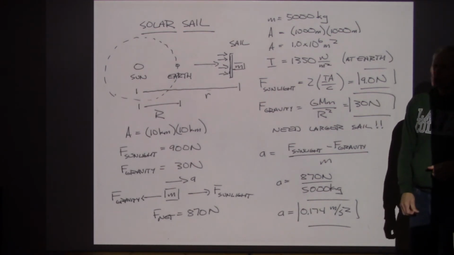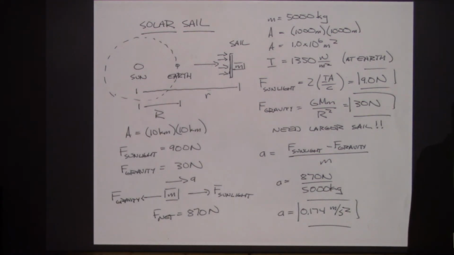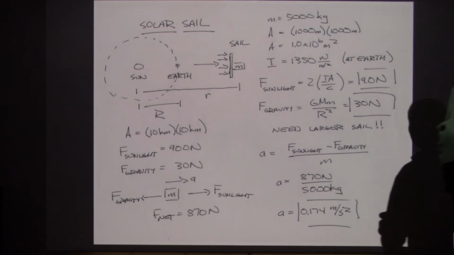Okay, now 9 newtons doesn't sound like much, but even if we have a low acceleration, if we continue to accelerate even at a low rate, once a few days have gone by or a few weeks, or, you know, most of the problems where we've done accelerations, we only let the accelerations last for a few seconds. What if we just let the acceleration build on acceleration, build on acceleration? How fast could we get the spacecraft going?